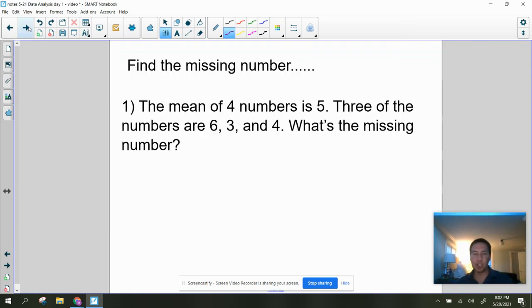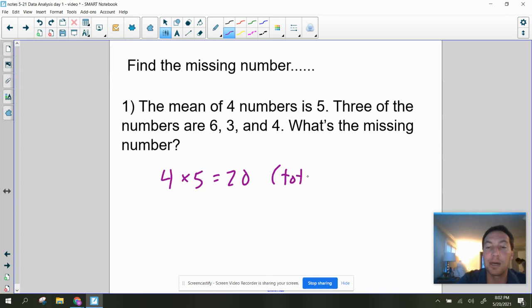All right, last question. You can do some word problems. Everyone likes those. In this case, they're telling you the mean, and they're looking for the missing number. I want to find the total here. If I know the average of 4 numbers is 5, I can do 4 times 5. This is going to give me the total, my total sum, which is 20.